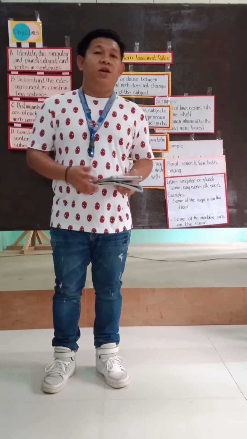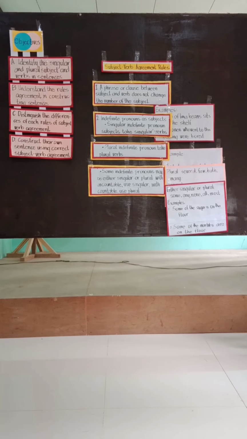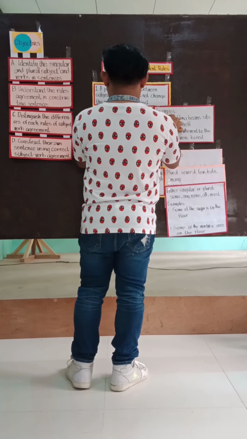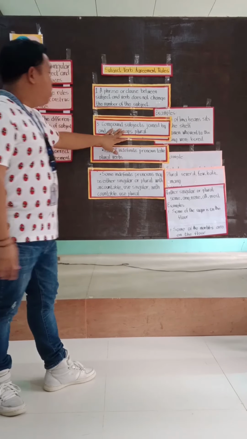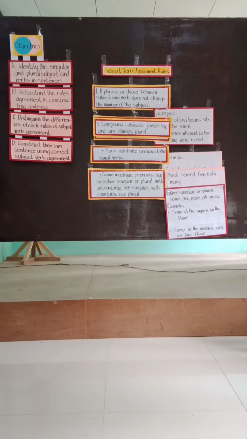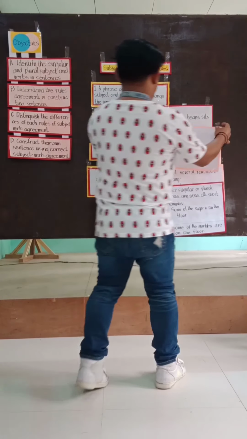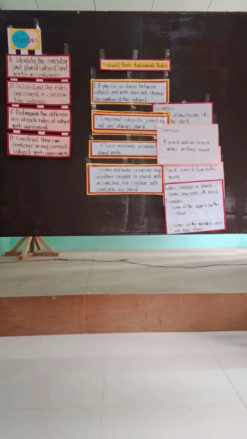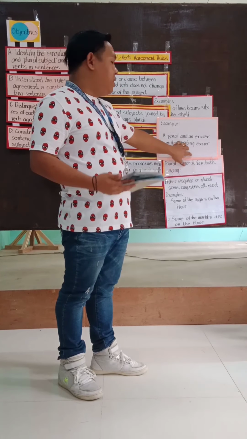Now let's go to the third rule of the subject-verb agreement, the compound subject. The compound subject joined by and is always plural. Here is the example of the compound subject: a pencil and an eraser make writing easier.